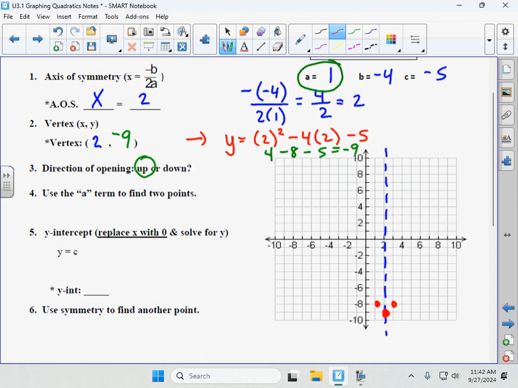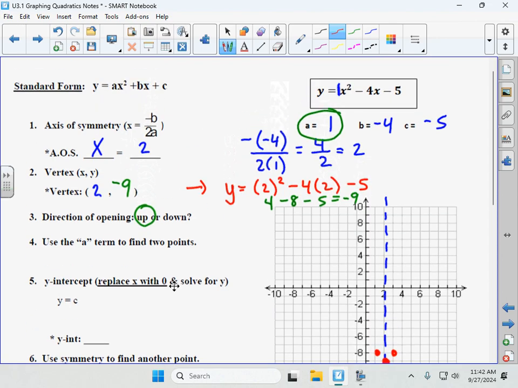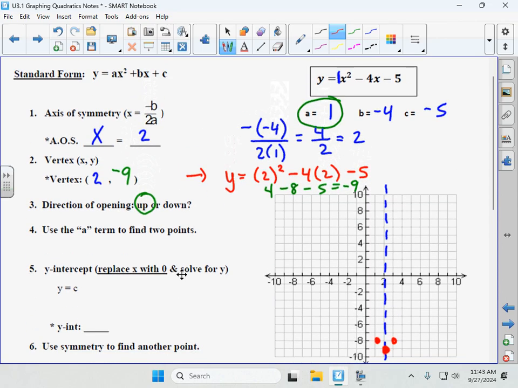Step 5, find the y-intercept. To find the y-intercept, you replace all the x's with 0 and solve for y. Here's our equation. We're going to plug in 0 for all the x's, so it's 0 squared minus 4 times 0 minus 5.